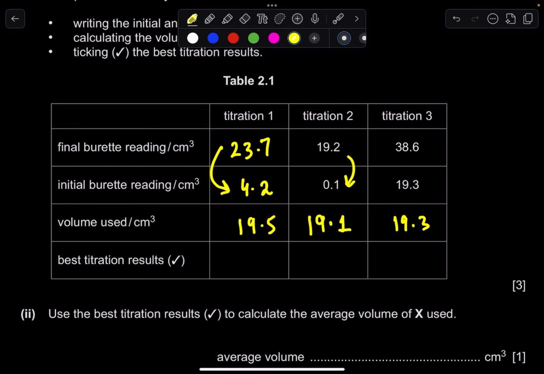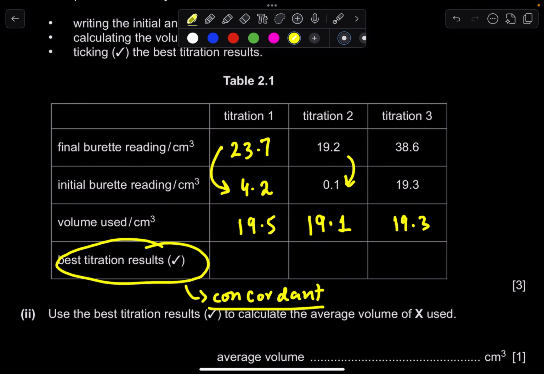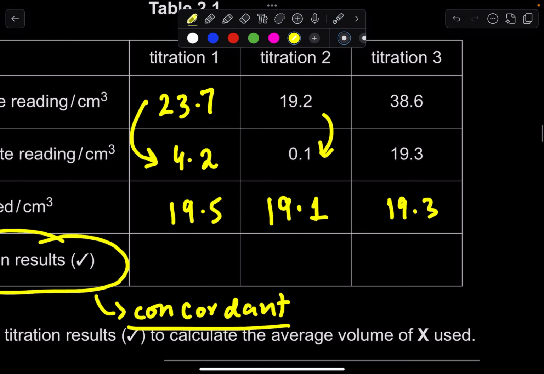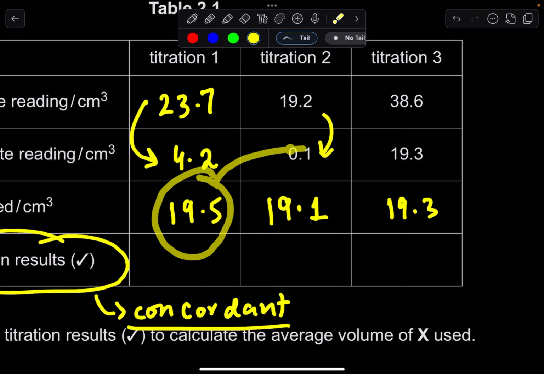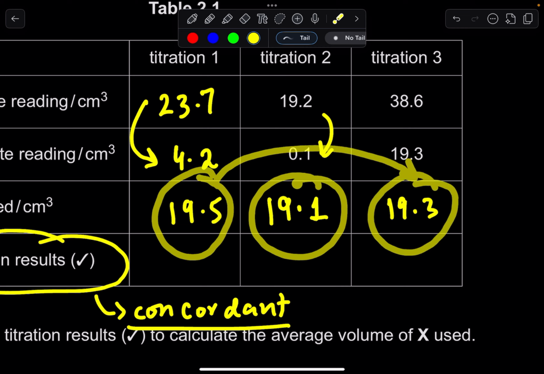Now the best titration results are going to be those results that are concordant. What is concordant? It means that they have a difference of less than 0.2. So if you look over here and over here, you need to realize the difference.